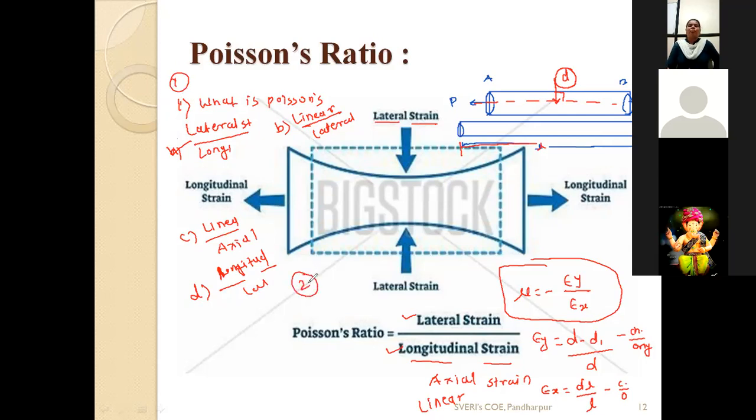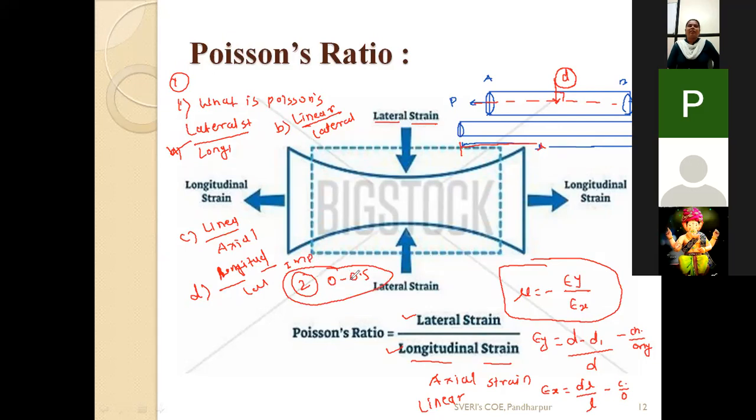The value of Poisson's ratio for engineering material varies from 0 to 0.5. This is the most important point, so please write this down. The value of Poisson's ratio for engineering material varies from 0 to 0.5.